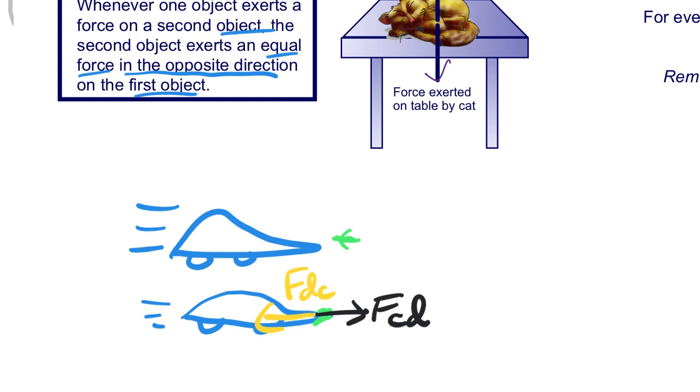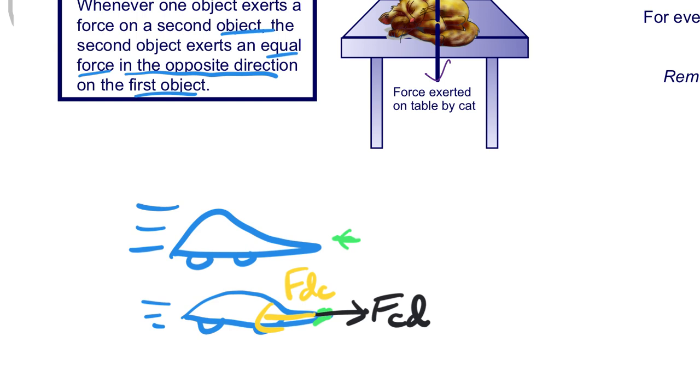Who would apply the bigger force on the other? Now, most people would say, well, duh. The car smashes the dragonfly, so obviously the car supplied a greater force on the dragonfly than the dragonfly did on the car. The dragonfly did not even make a dent in the grill.